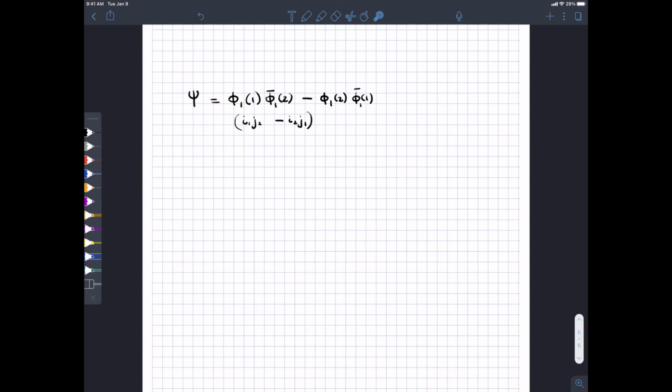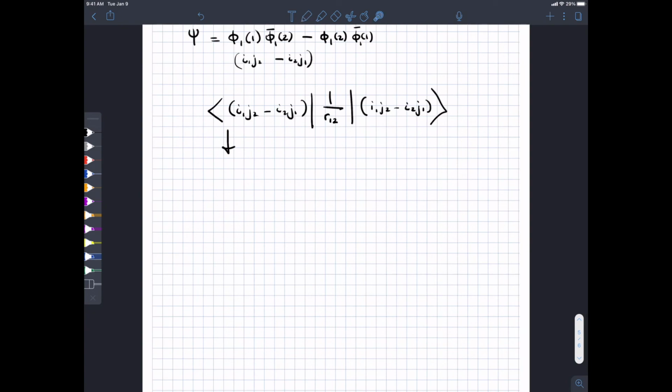So applying the operator R12 to this wave function, I1 times J2 minus I2 times J1, we can expand that out. Integrals, by the way, you can separate out as sums.